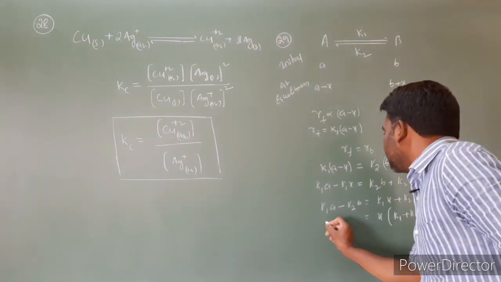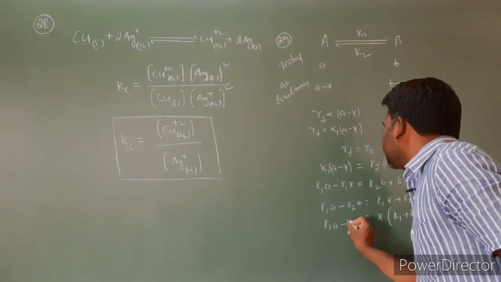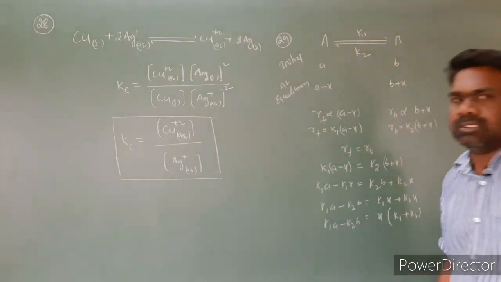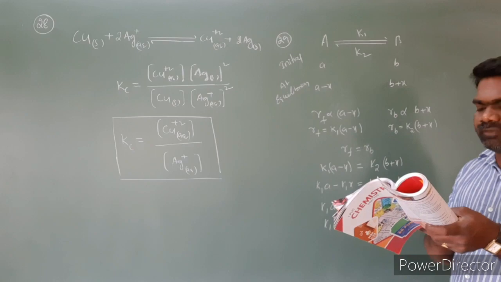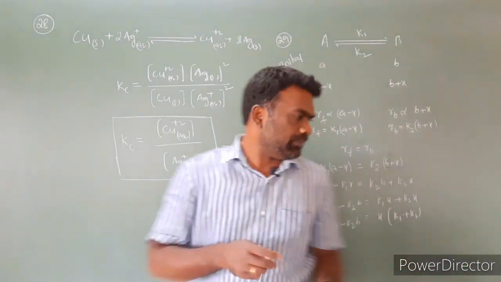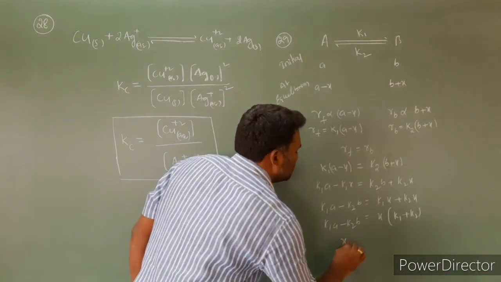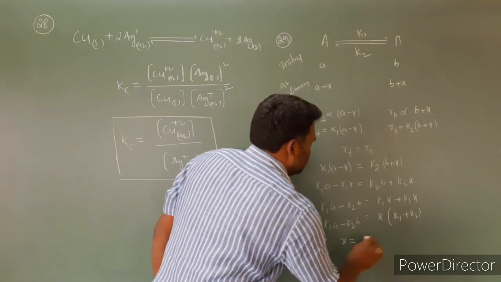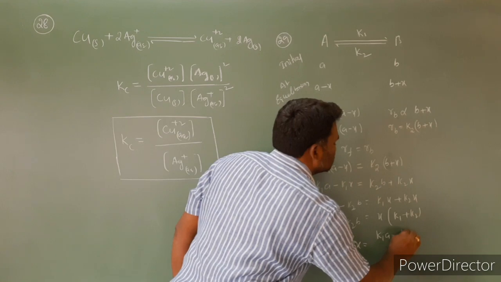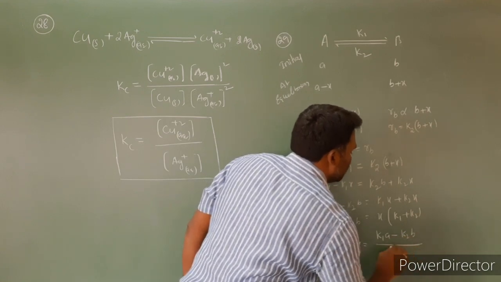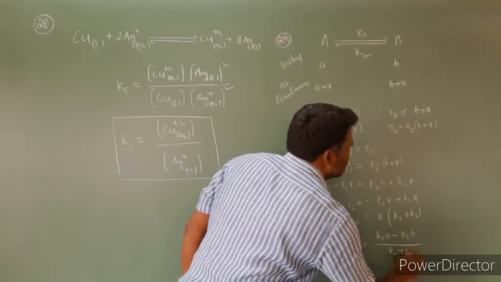So x is equal to K1a minus K2b, divided by K1 plus K2. What is the question? Express x in terms of K1, K2, a and b. So x is equal to K1a minus K2b by K1 plus K2.